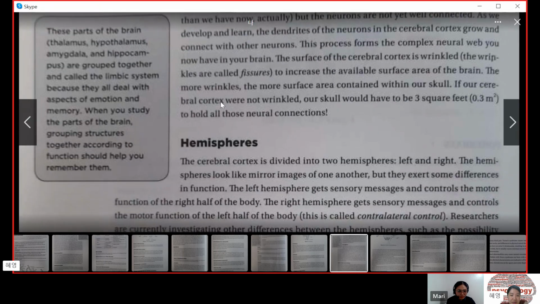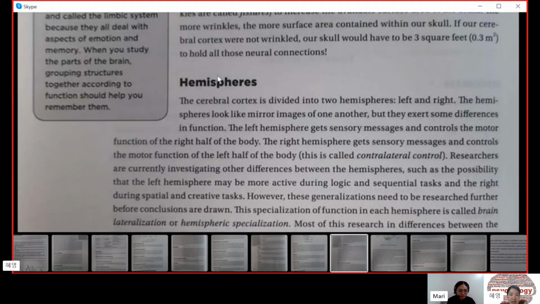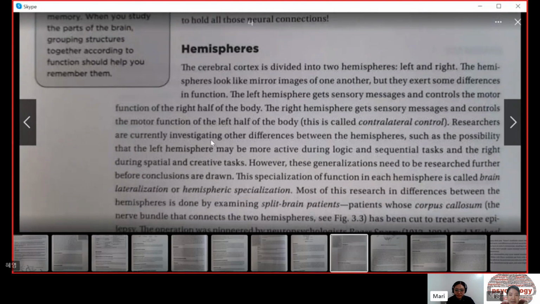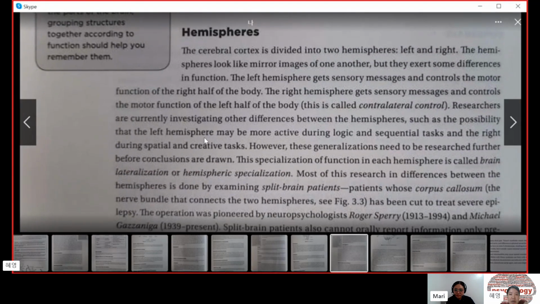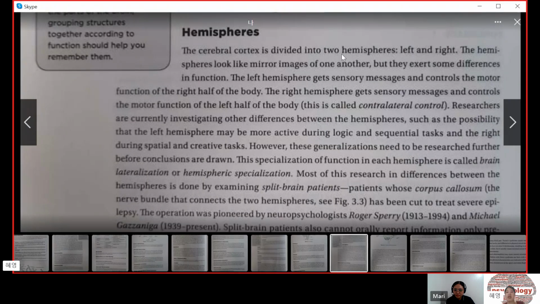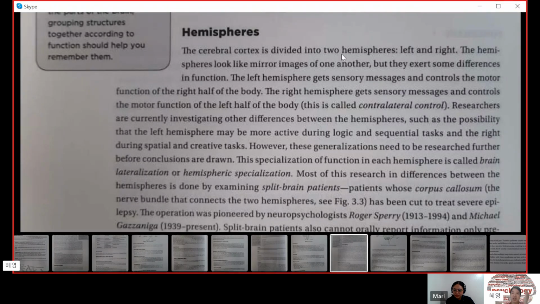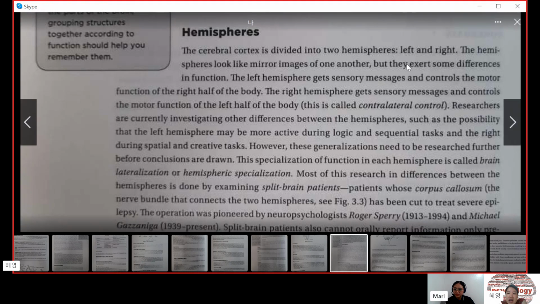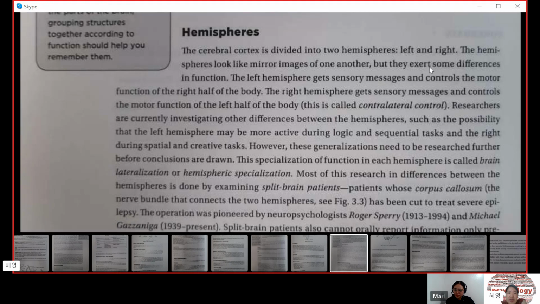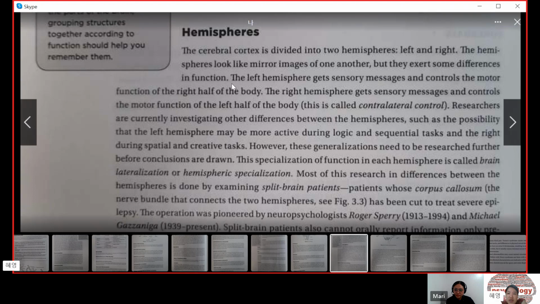Next part is hemispheres. The cerebral cortex is divided into 2 hemispheres, left and right. The hemispheres look like mirror images of one another, but they exert some differences in function.